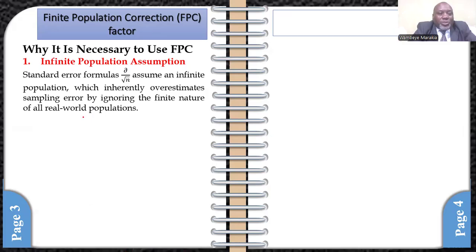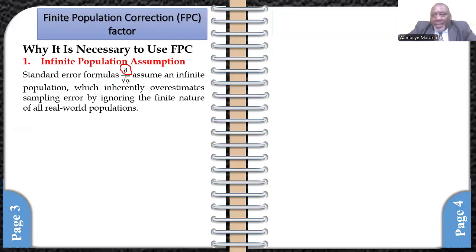It is necessary because, one, infinite population assumptions, which use the formula sigma over root n, where n is the sample size, assume an infinite population, which inherently overestimates sample error by ignoring the finite nature of all real-world populations.